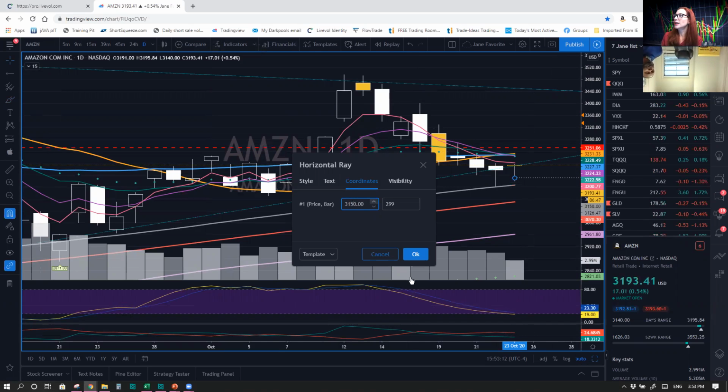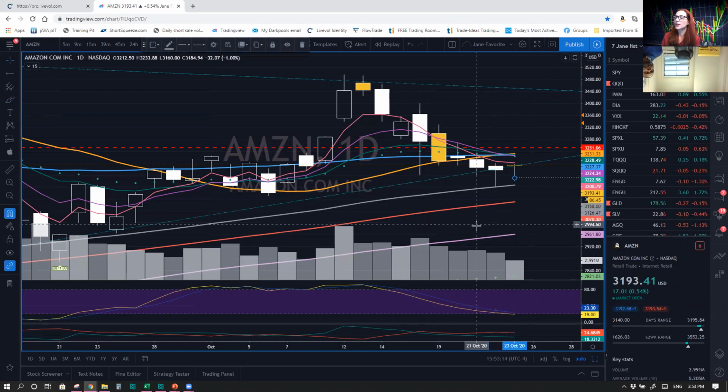So you can see when we look at the daily candlestick here, do you guys think it's a coincidence that that's pretty much at the bottom? A $151 million position was just placed on Amazon today at the bottom.